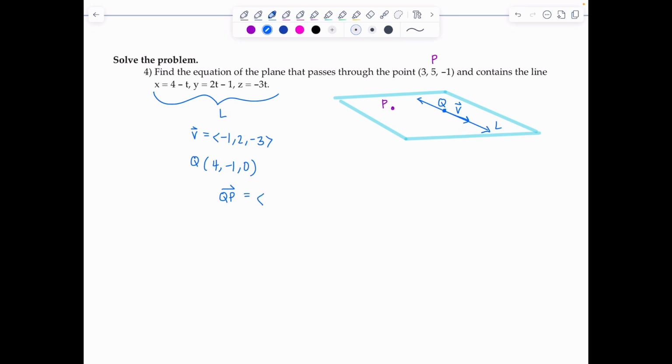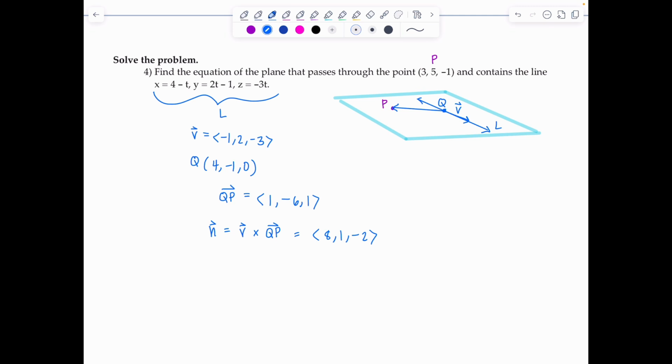And that has components -1, 6, -1. So here's a vector from Q to P. Okay, what I need is a vector normal to the plane, and I can get that by taking V crossed with the vector from Q to P, which is going to give us 8, 1, -2. I won't bore you with the details of the cross product.